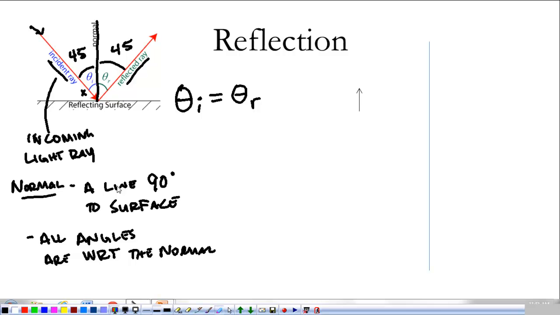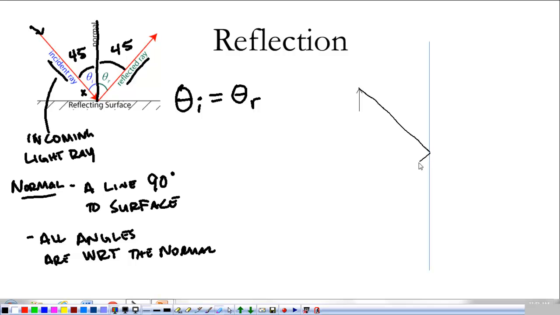So over here we have a simple example of reflection. I'm going to use thinner lines here. So we're going to draw a couple of rays coming off of our object, mostly the top of it. So imagine a ray of light coming off the top of this object hitting the mirror.